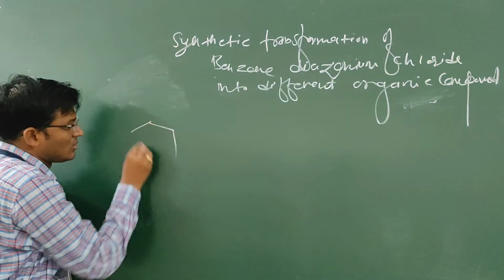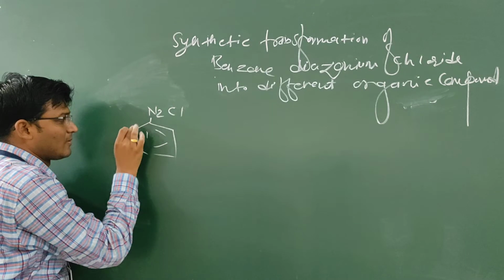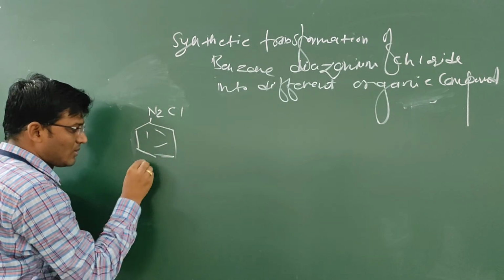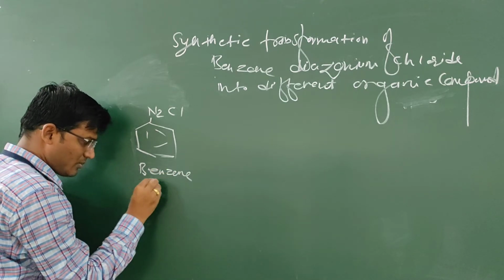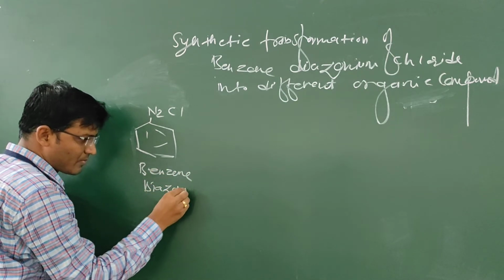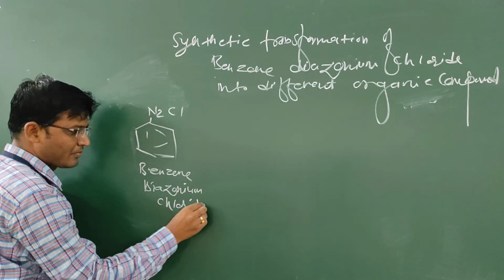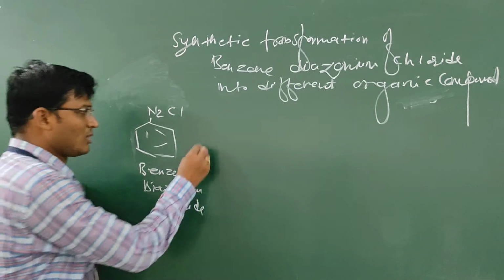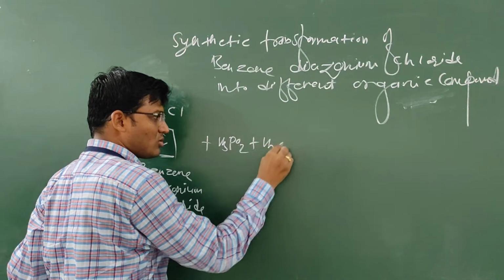Now, how does it react? N2Cl. This is benzene diazonium chloride. It reacts with H3PO2 plus H2O.